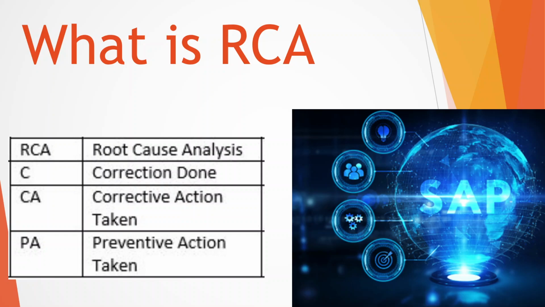That means the similar issue does not happen in future. What are the steps you are going to take so that the same issue does not get repeated, does not happen again in the future? Those are called preventive steps, preventive action taken, PA. Hope it is clear so far. Let's move further.